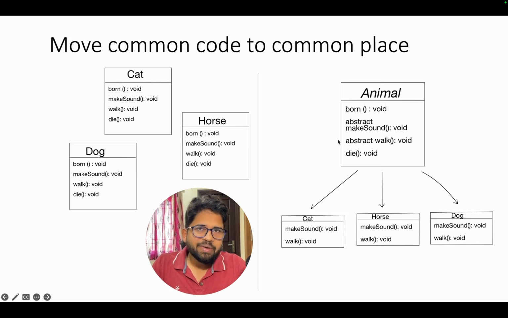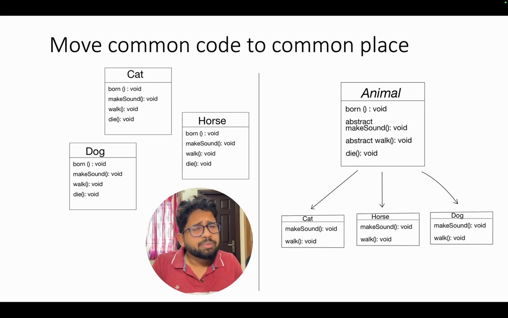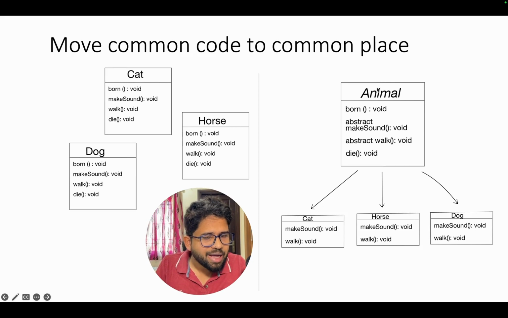So whenever this born method or the die method changes, so for example, here we figured out that the born and the die method would be same for all the animals. So it was better to move it to the common place. Here we moved it to the other class called the Animal class.